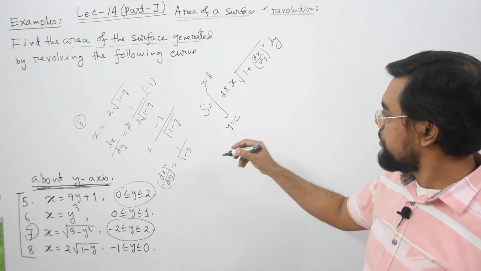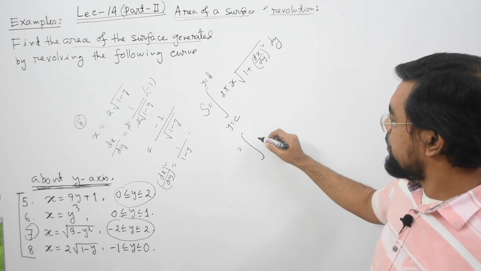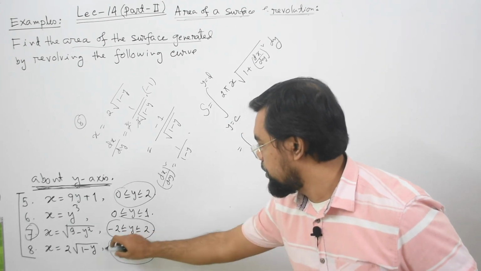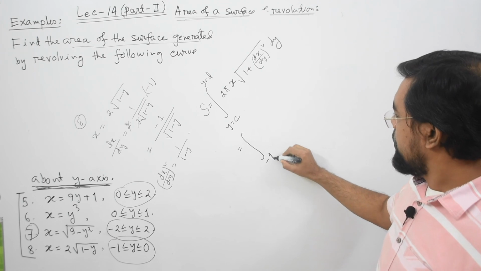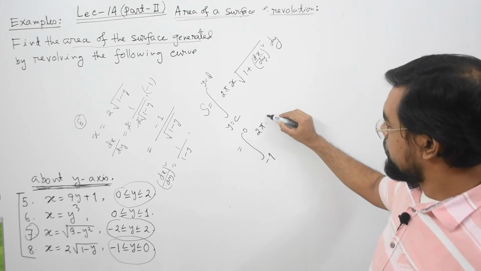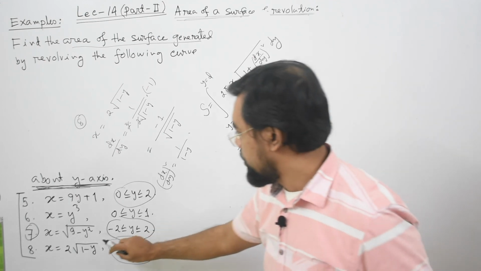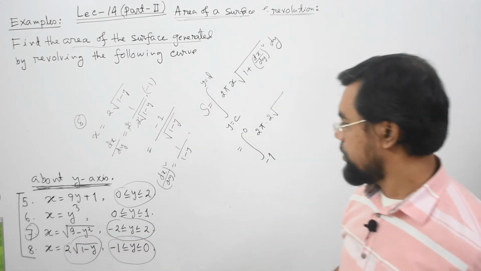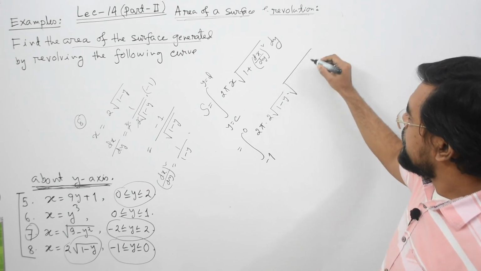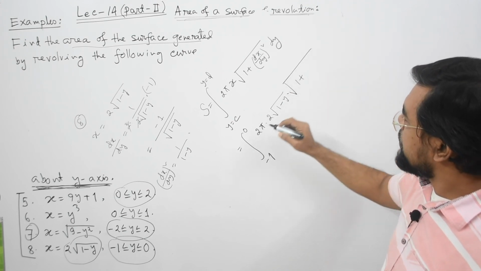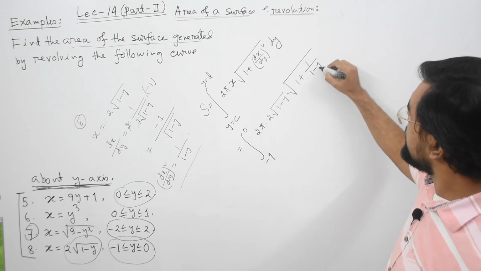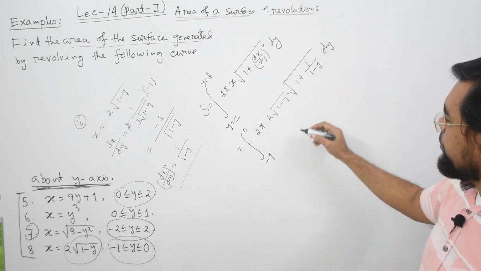So let me put this result here. The lower limit of this integral will be minus 1 and the upper limit 0. So minus 1 to 0, 2π, and x equals 2 root 1 minus y, square root of 1 plus (dx/dy) squared, which is 1 by 1 minus y dy.